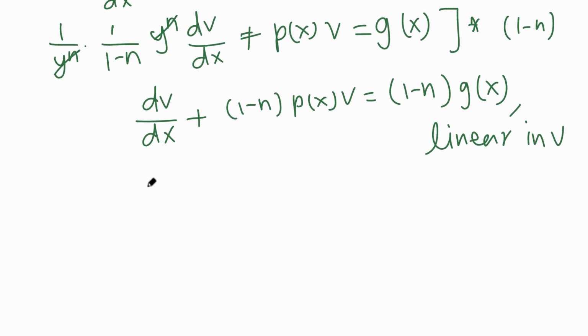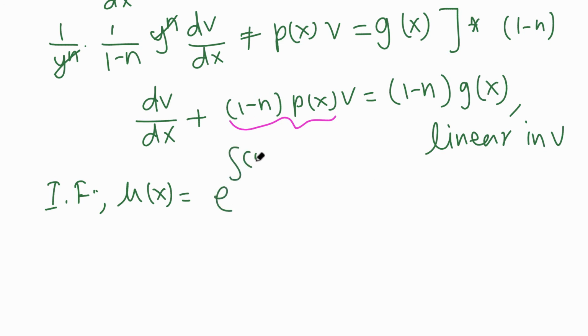Then to solve this, we find an integrating factor. The integrating factor mu(x) is e raised to the integral of (1 minus n) p(x) dx. 1 minus n is a number, so we just integrate, and that exponential is the integrating factor. We multiply both sides of this differential equation by this integrating factor.